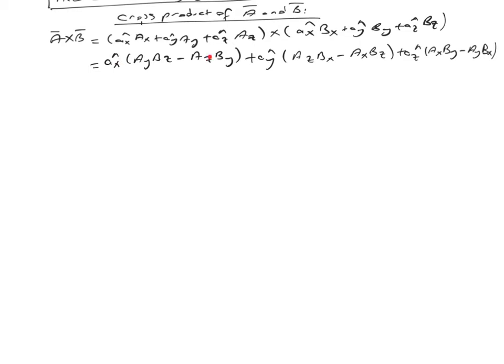And if you change the order of the vectors in the cross product operation, there comes a minus sign. And same thing is valid for the other components. And cross products can be conveniently written in a determinant form.